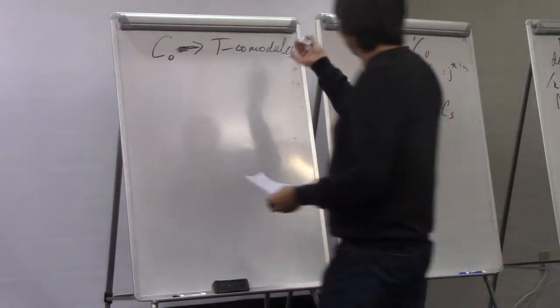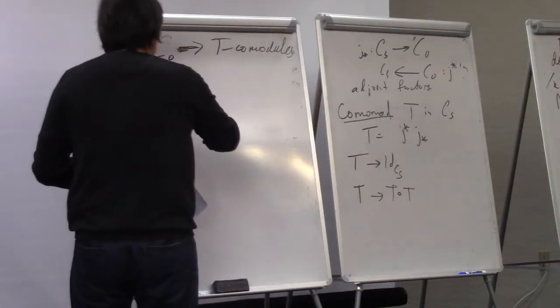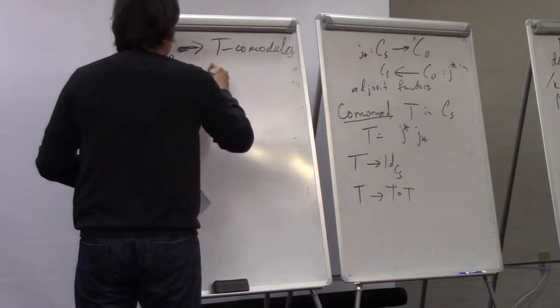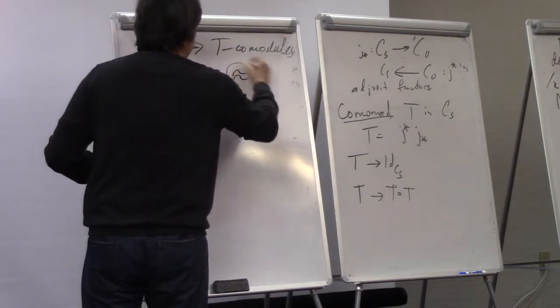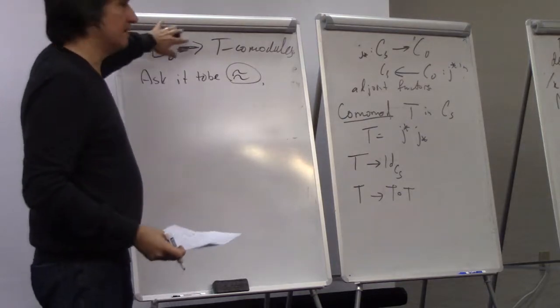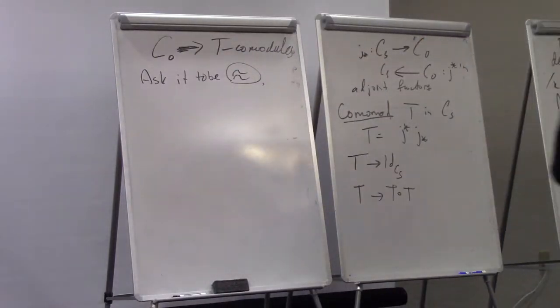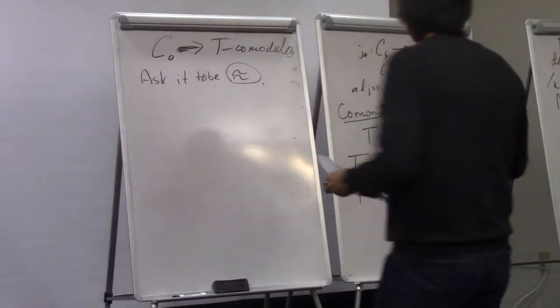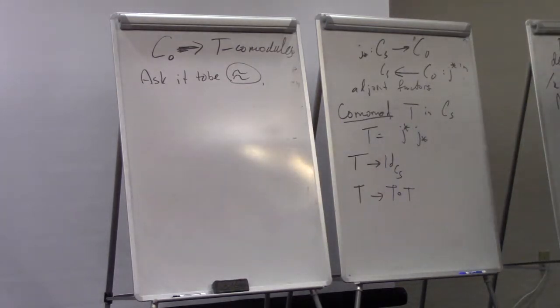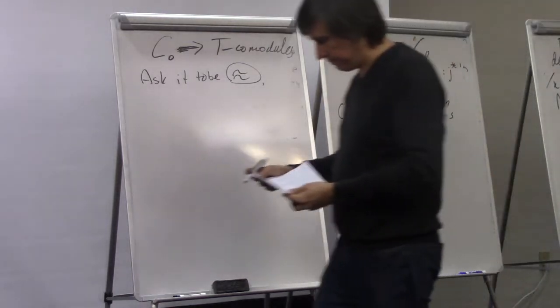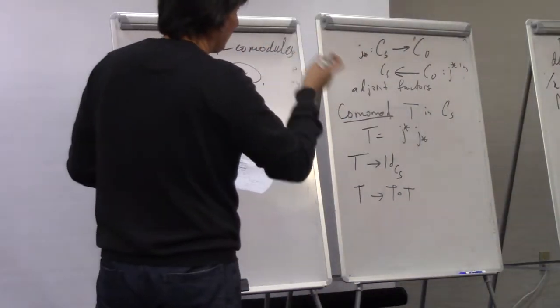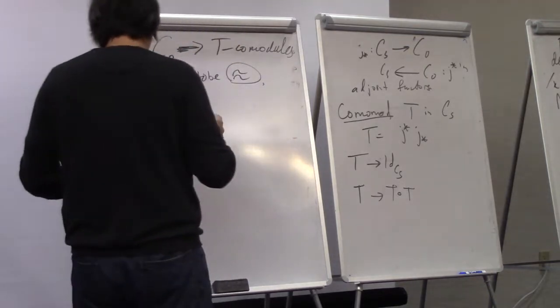These T comodules can be sorted as objects on a formal completion, so we ask this to be an equivalence. So C0 is completely defined as the category of T comodules. That's the situation in arbitrary algebraic geometry: a closed subset in a smooth variety. You have sheaves supported on a closed subscheme, you get pullback and pushforward, and formal neighborhoods will be these T comodules.